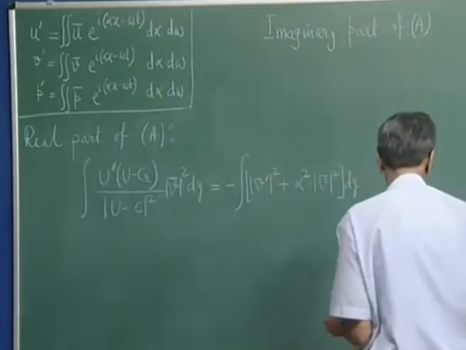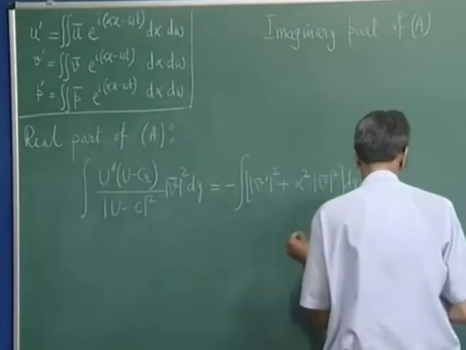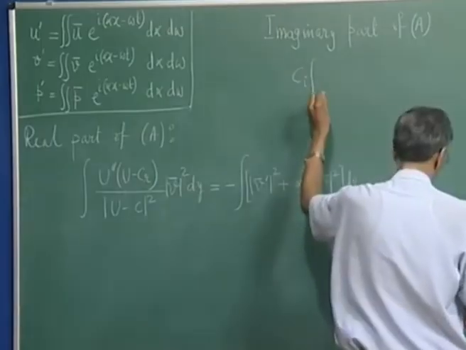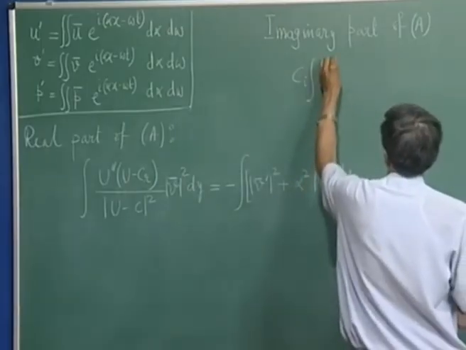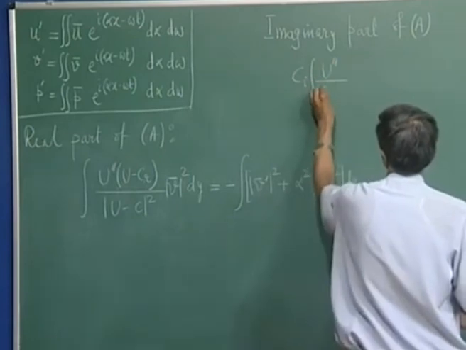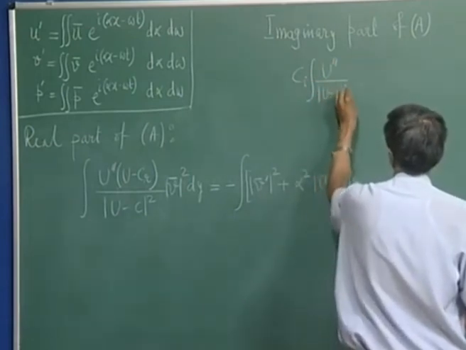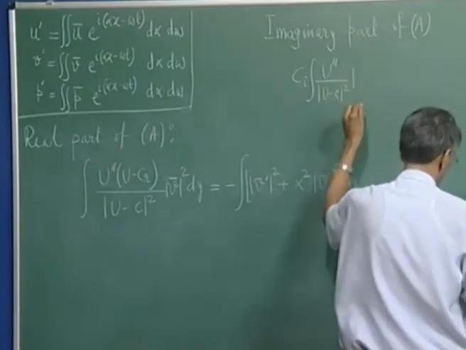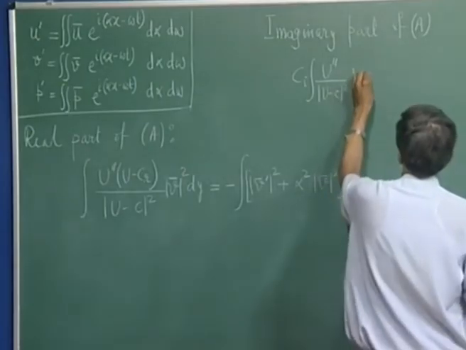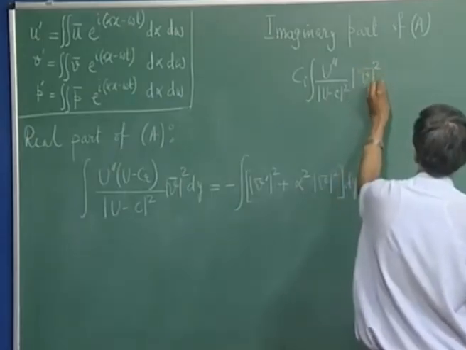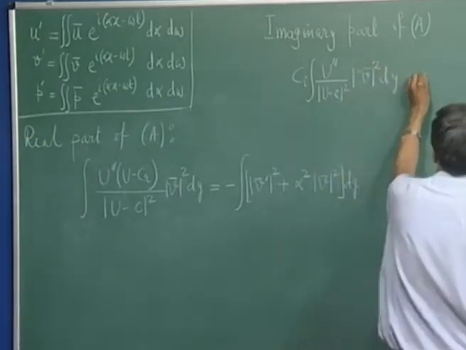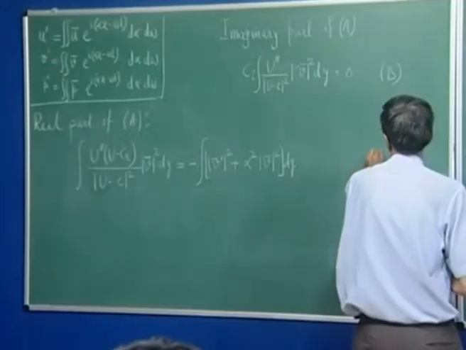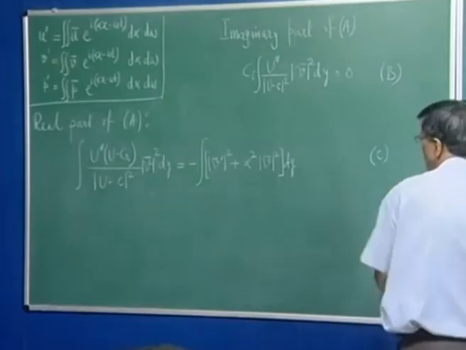That is the following: c_i times u double prime divided by (u minus c) whole square, and then we had v bar square dy. Let us call this equation B, and let me call this equation C, capital C.